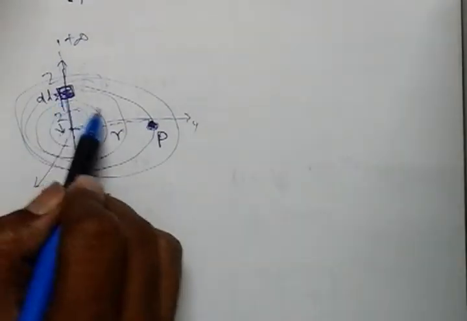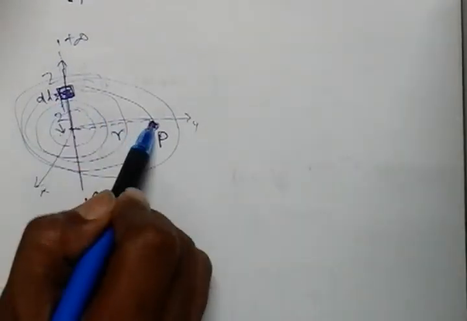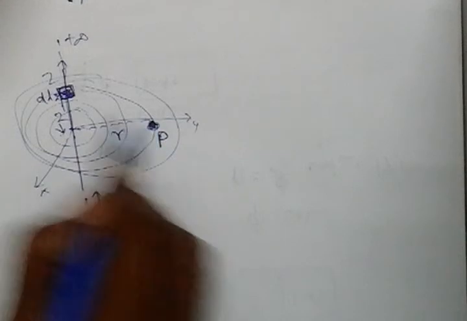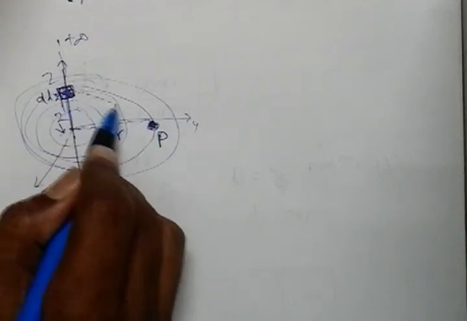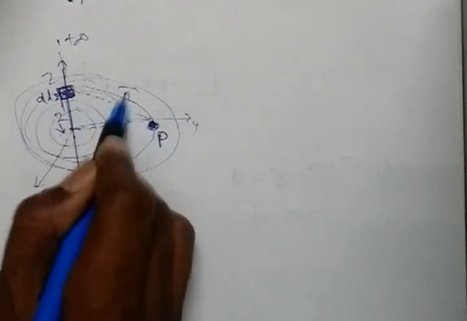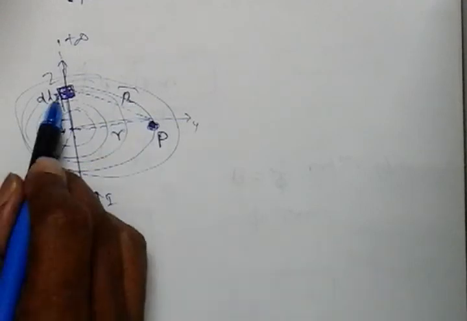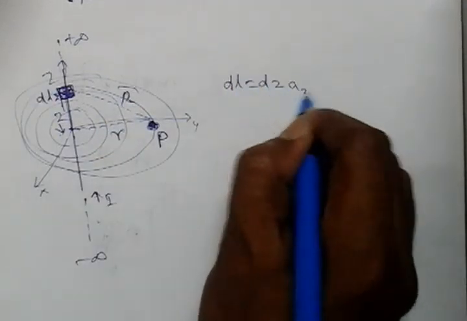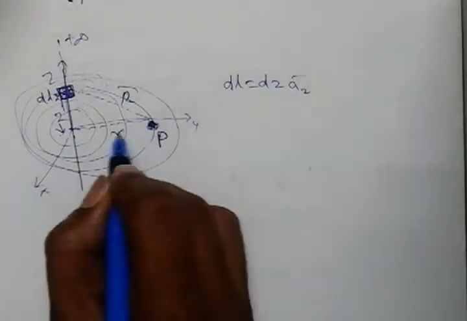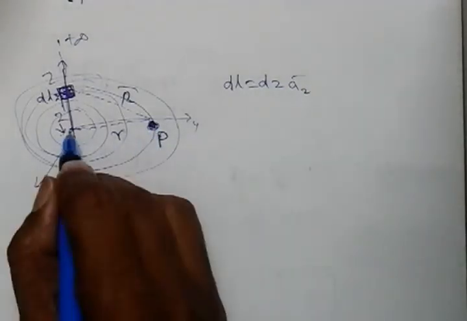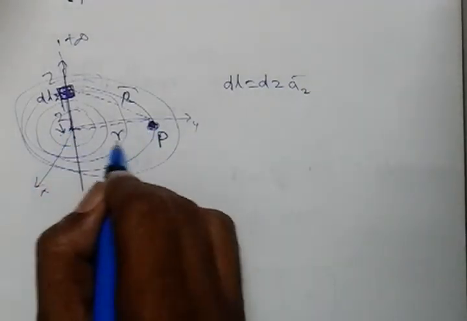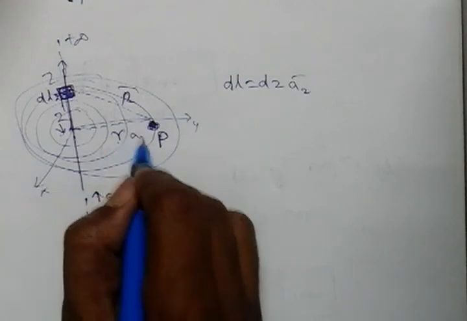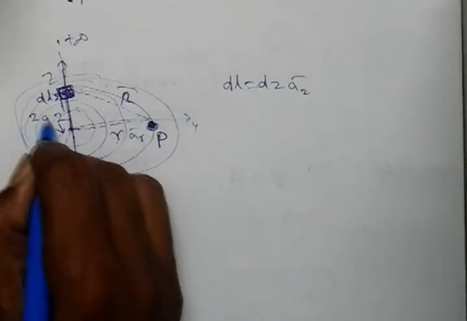Now because of this differential length, there is some magnetic field intensity at the point P. The distance between these two is represented by r bar. This dl is along the dz direction, so dl is equal to dz a_z bar. The point P is at a distance r from the conductor. This one is z a_z bar.